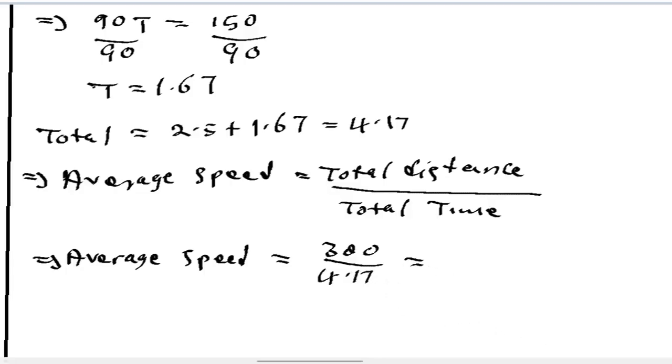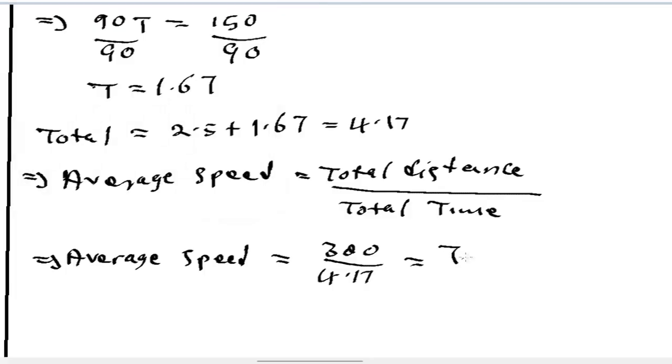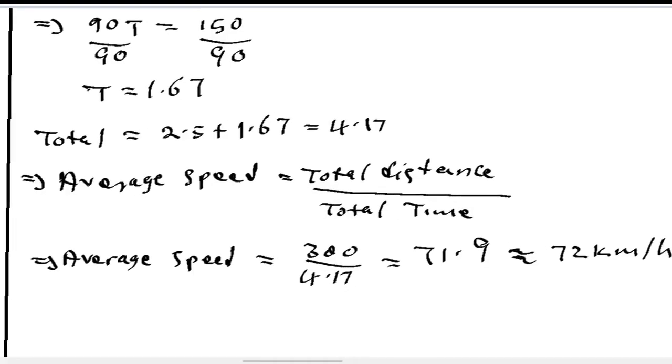And that means 300 is divided by 4.17, and we're getting 71.9, which we can approximate to 72. Now this is speed, so that'll be kilometers per hour. And that's it for the first half of the question, which is on the A.